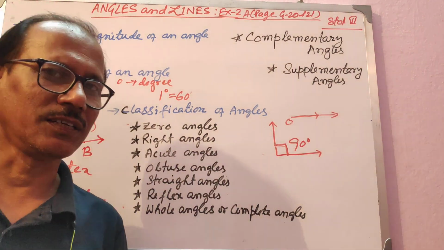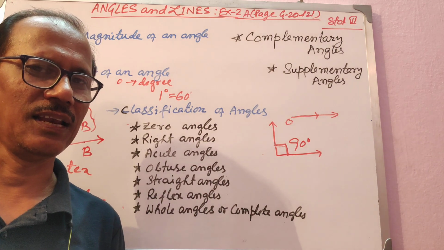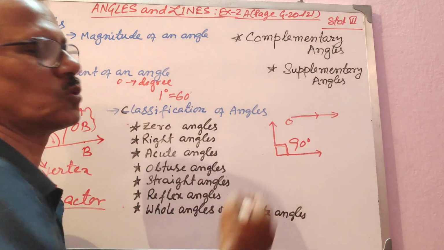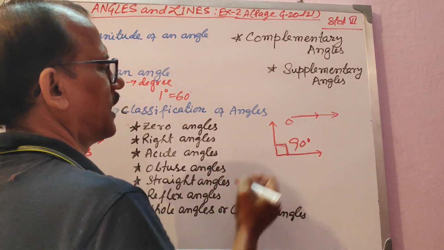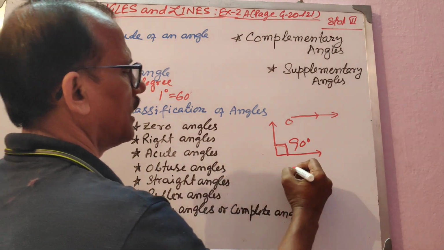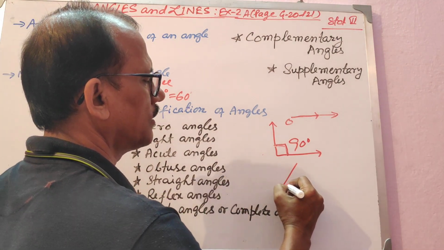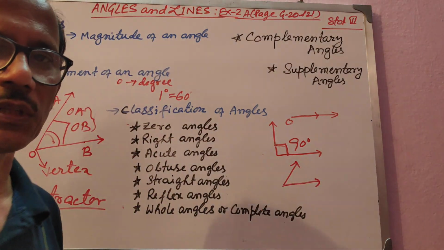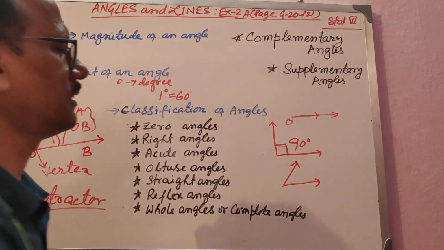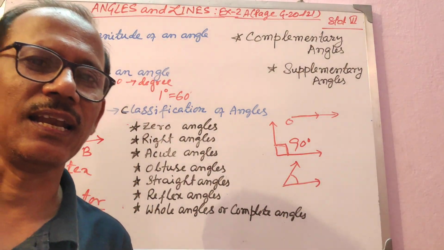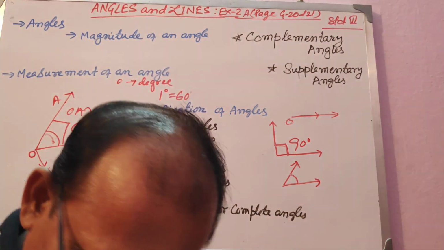Now we'll move on to the acute angle. See, why have I started with the zero angle and the 90 degree angle? Because the acute angle is defined with respect to these two angles. This is the zero angle, this is 90 degrees. When the angle opening is more than 0 degrees but less than 90 degrees, that opening is called an acute angle.